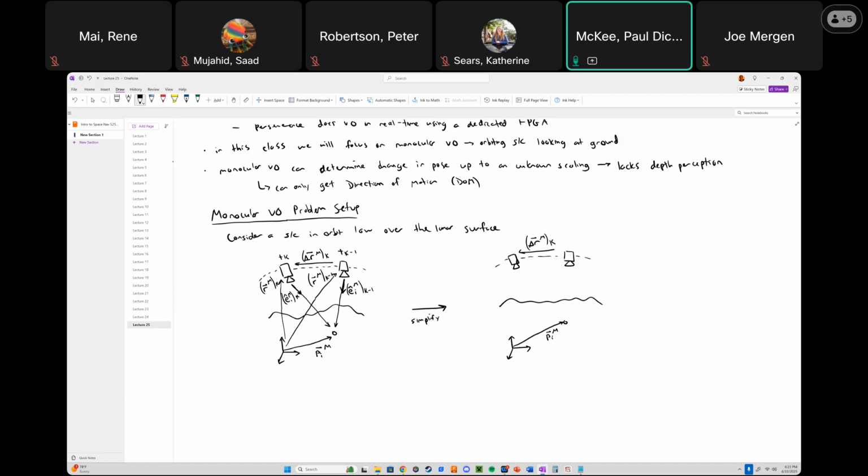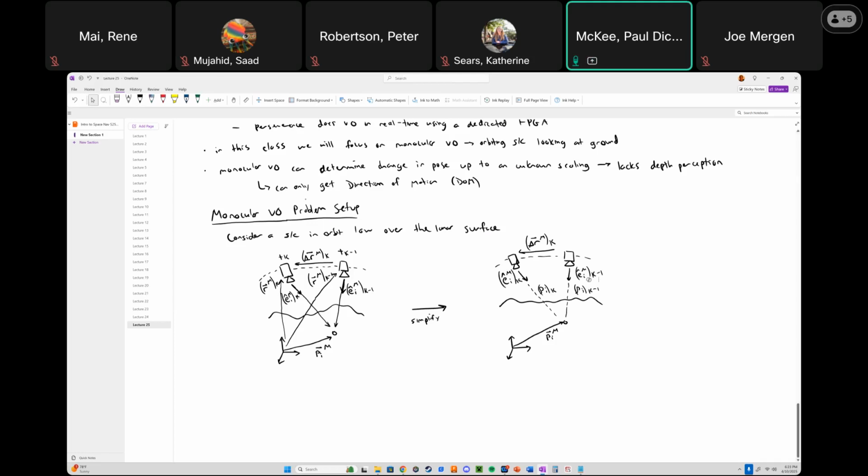And then imagine that you've got this unit vector and then some unknown distance. Here's another unit vector and then some unknown distance. This is e-hat_i^M at k, with distance rho_i,k. This is rho_i,k-1, with e-hat_i^M at k-1.